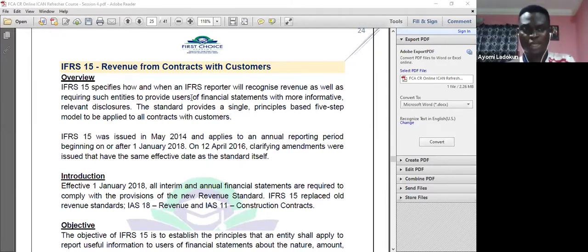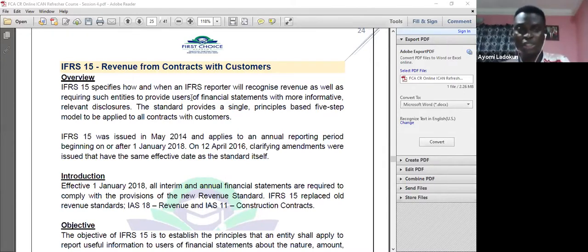Okay, now as I was saying, there are a lot of weaknesses around IAS 18 revenue, and IFRS 15 is coming up with a more robust approach to revenue recognition so that entities can be guided accordingly. So in case the examiner is trying to test IFRS 15, even if they are going to ask you the calculation part, be rest assured that they will ask you to explain the five-step model for revenue recognition.